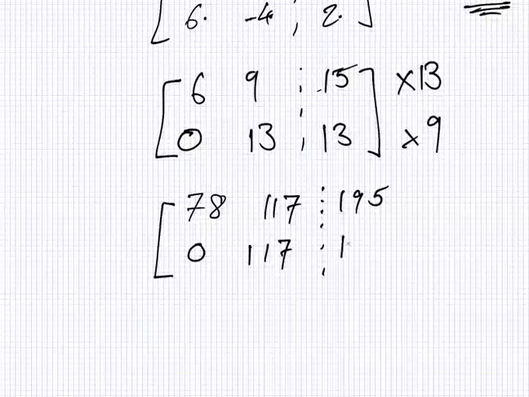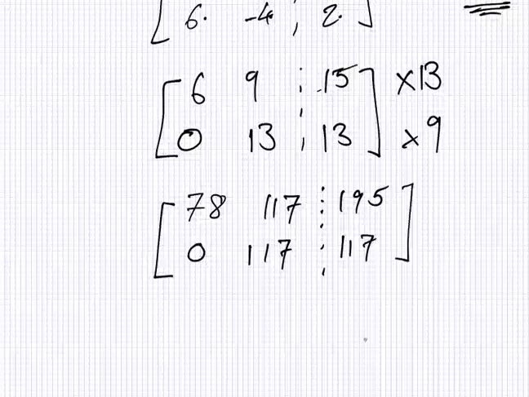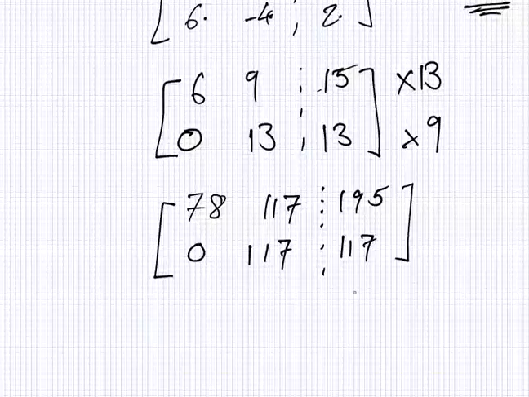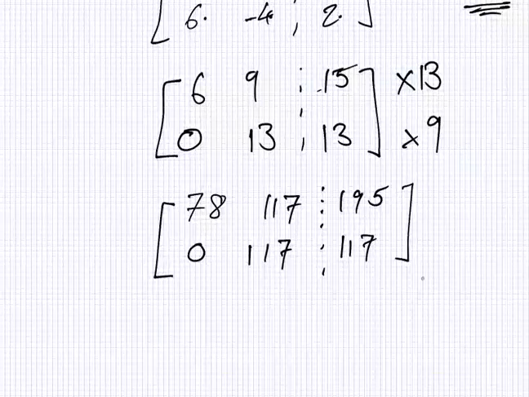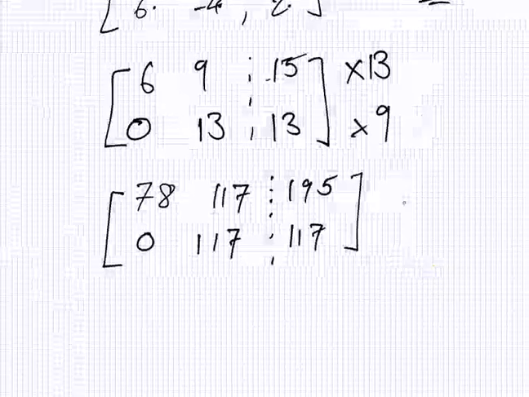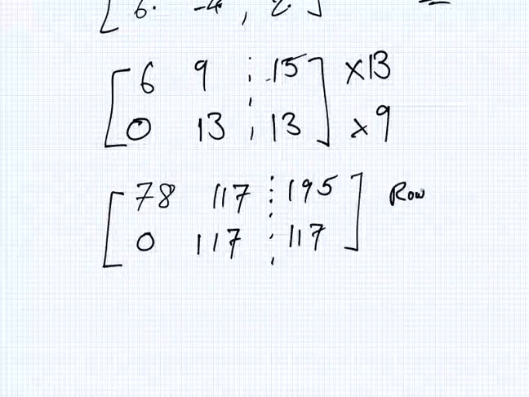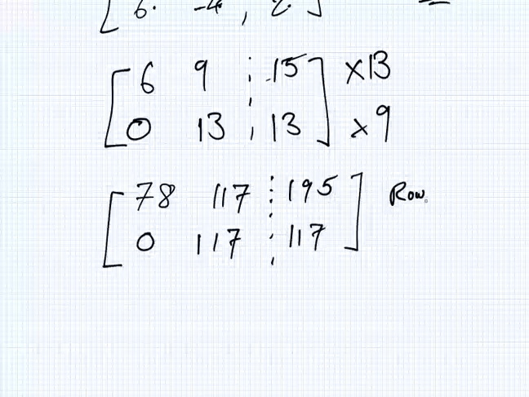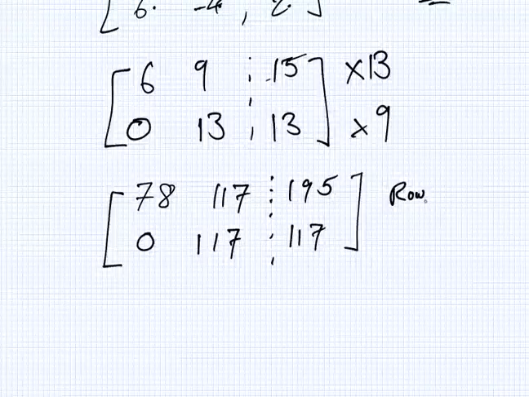So for this method, what you do first, step number 1, is make sure the x's are together and the y's are together and the numbers are together. So that's okay. It's fine, yeah? So that's step 1. Step 2 is make sure there's an x here and there's a y here.